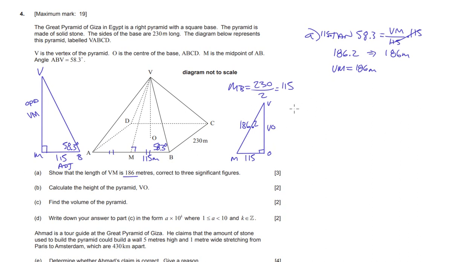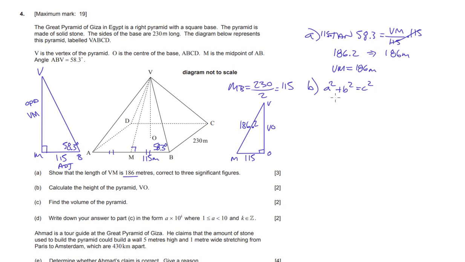Hopefully it won't make a difference, but it is a good idea to use the unrounded number to figure out that last side. So a squared, b squared, c squared, right? a squared plus b squared equals c squared. Whenever you have two sides of a right triangle and you're trying to figure out the third, always Pythagorean theorem.